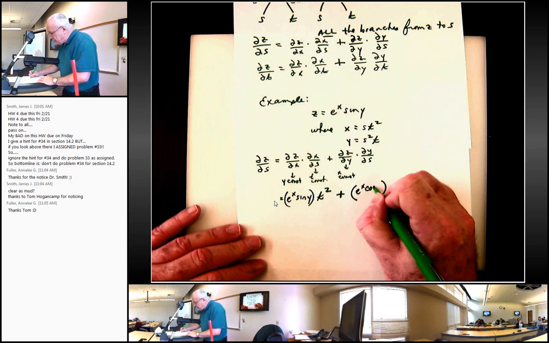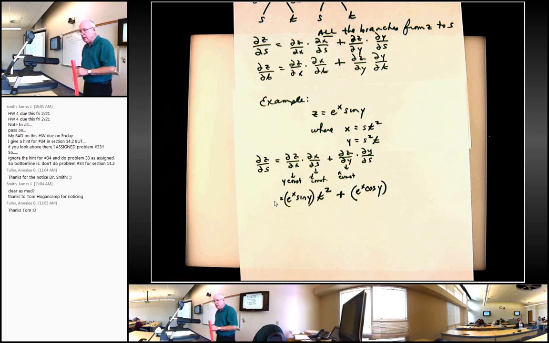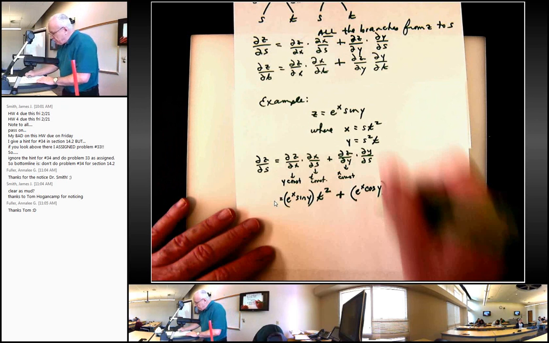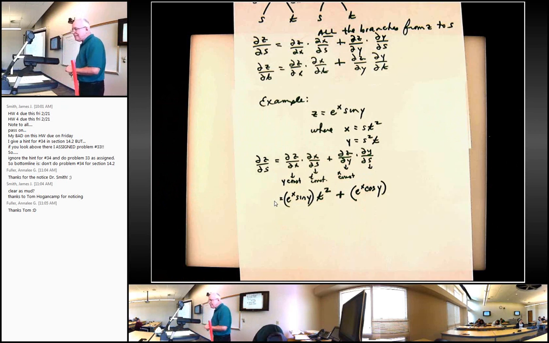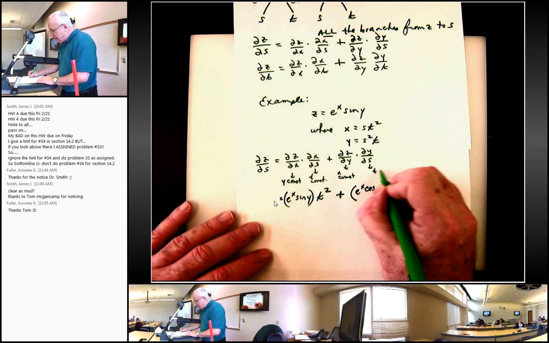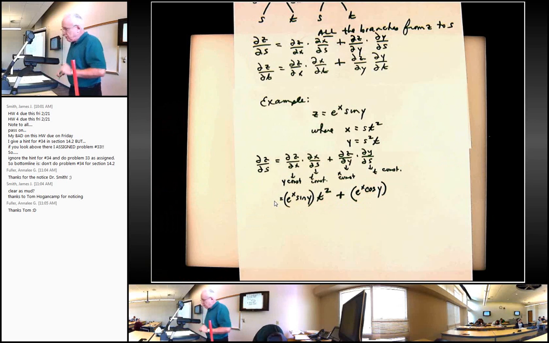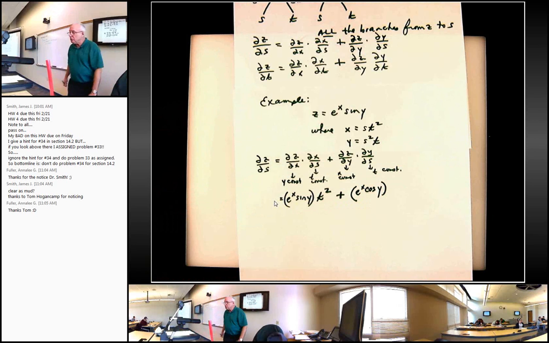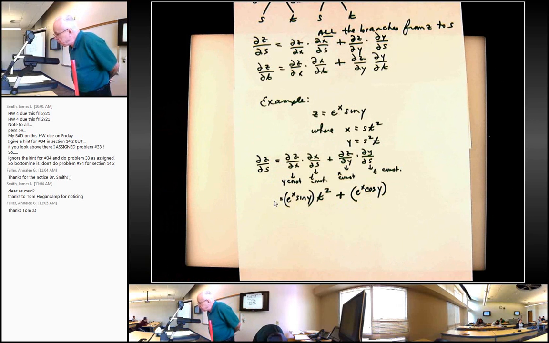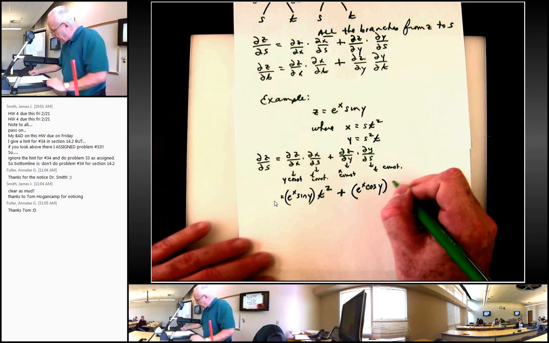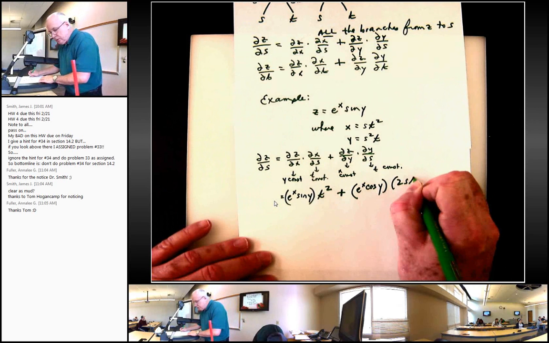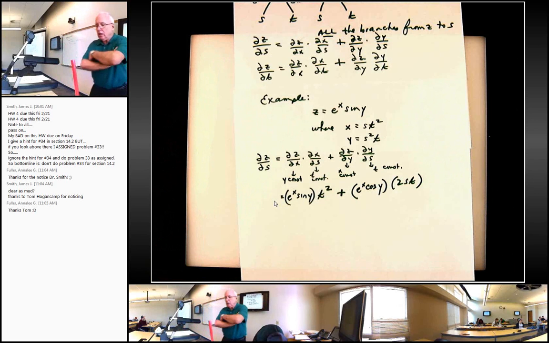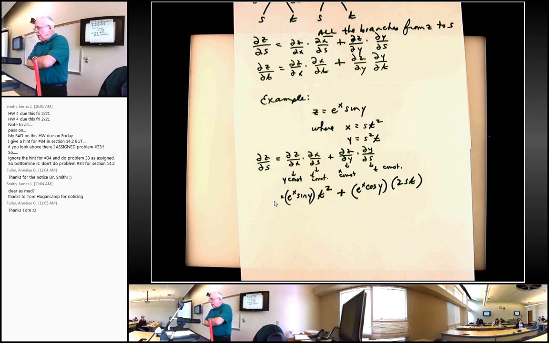Derivative of the sine is the cosine. And then finally, we do ∂y/∂s. So with respect to s, again, t is a constant. So that's just going to be, looks like 2st, right? 2st.